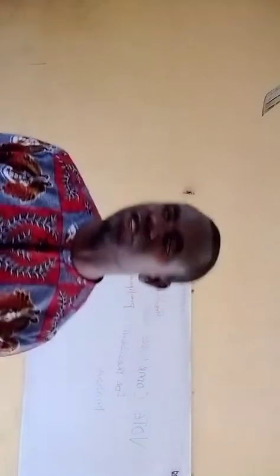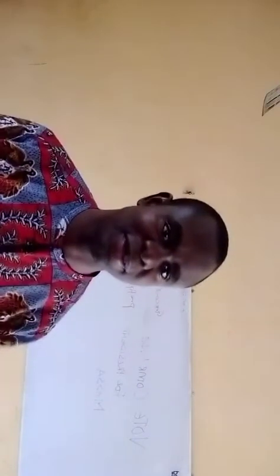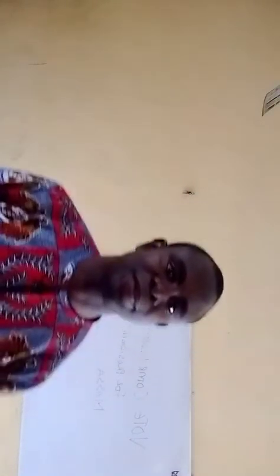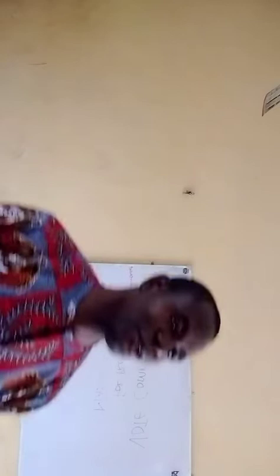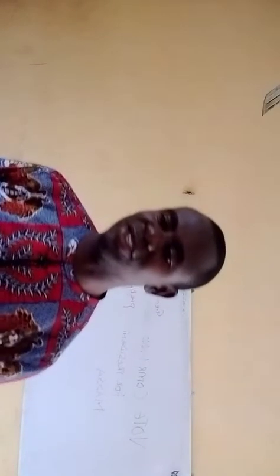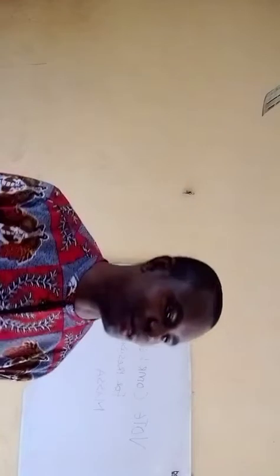When the author makes reference to events in history, that is historical allusion. And when the author makes reference to other literary texts, other literary works, events in other works of literature, that is literary allusion.